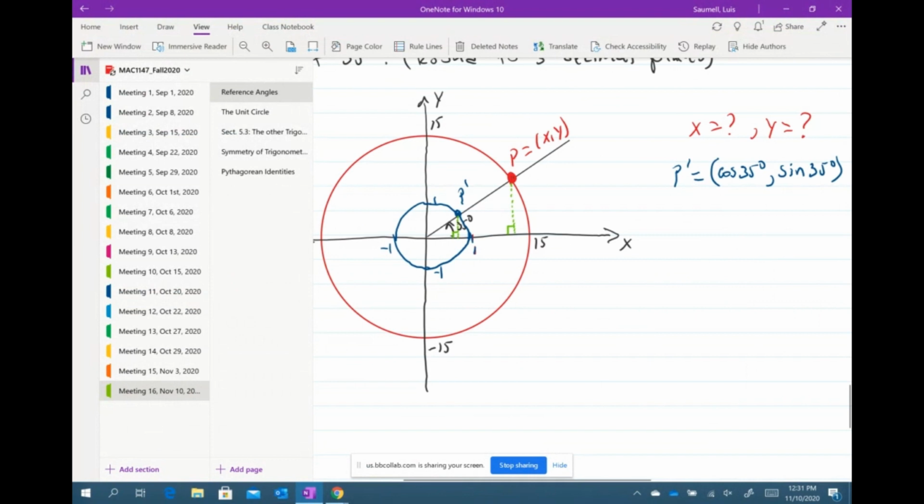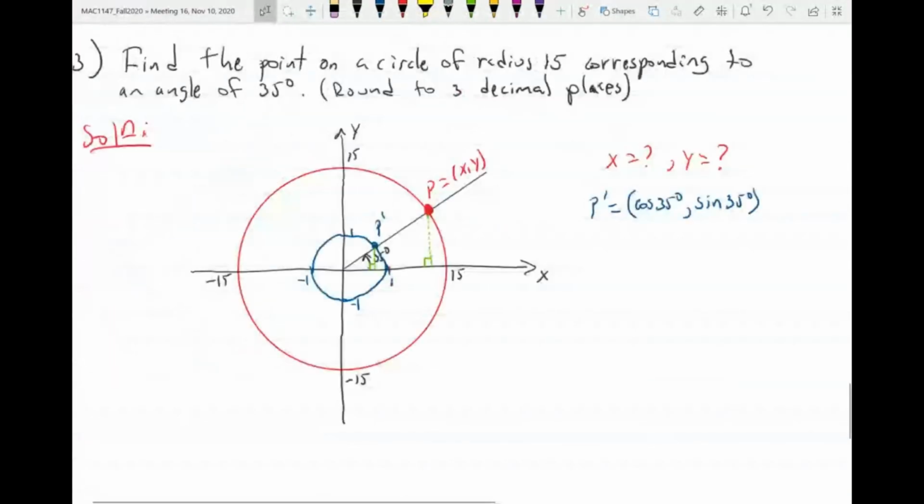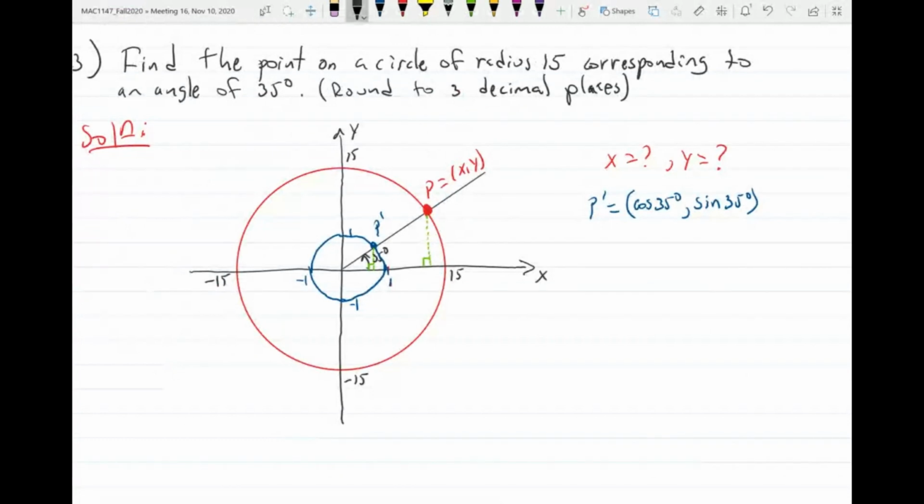So what we're focusing on right now is the following picture. We have a big triangle, and then we have the small triangle given by the blue circle. They both have the same angle in common, namely 35 degrees. This is 90 degrees here.